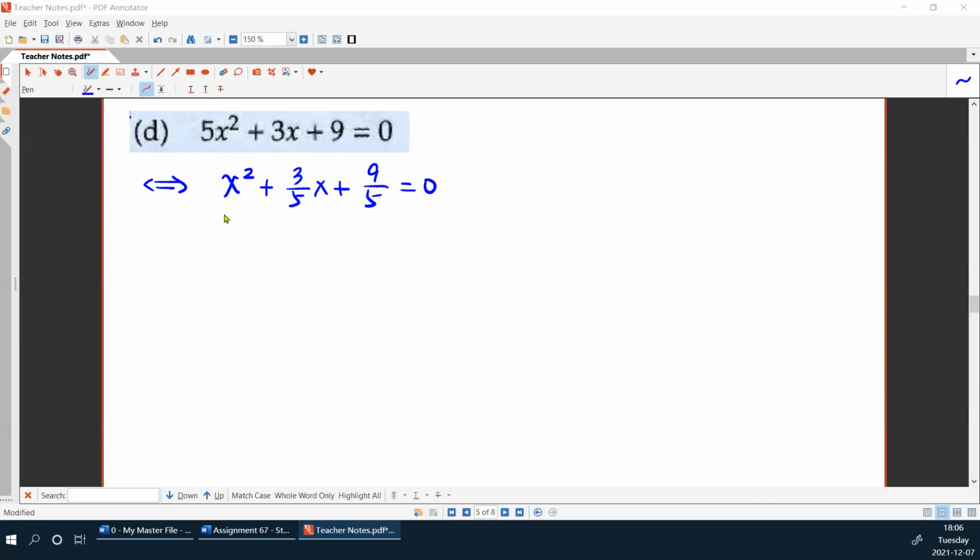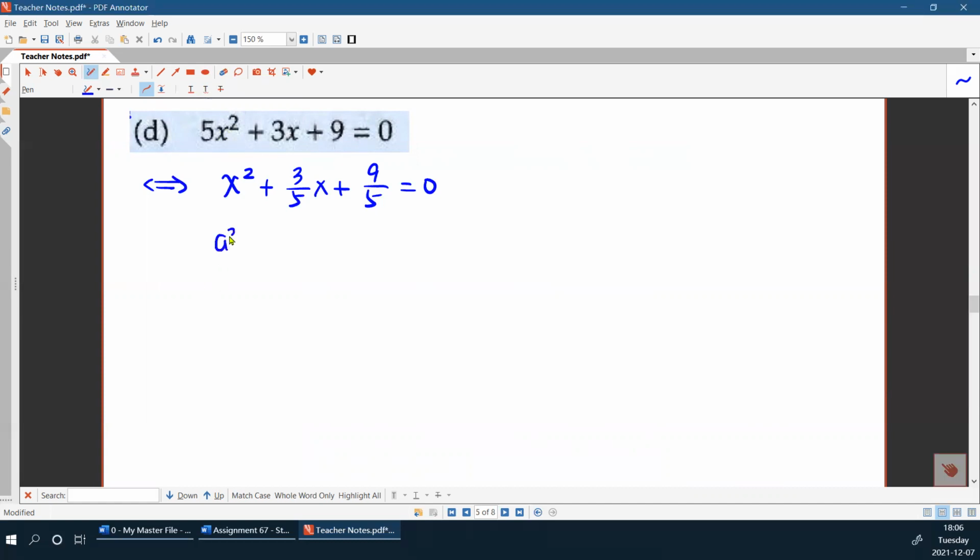And note that we have a squared, which is x squared, then 2ab. We need b squared, right? So apparently 2ab is 2 times x times b. And this must be equal to 3 over 5x, right? And if we cancel x and then move to the right, then apparently b is 3 over 10, right?